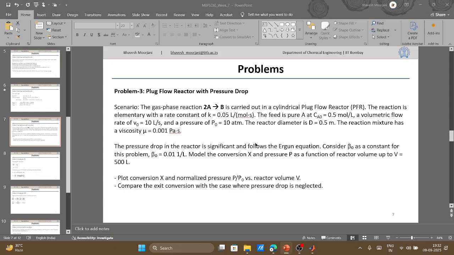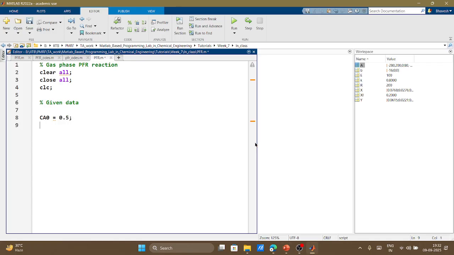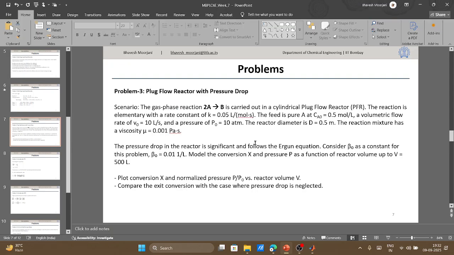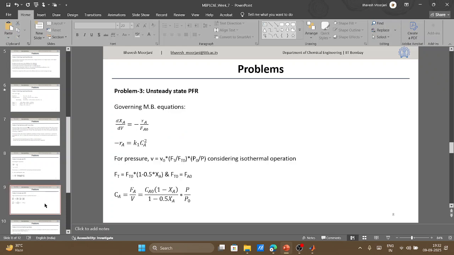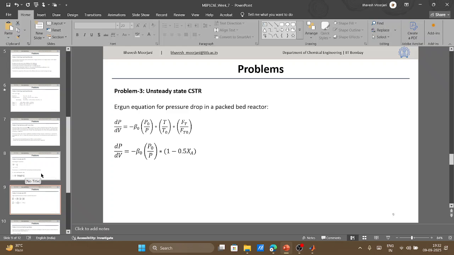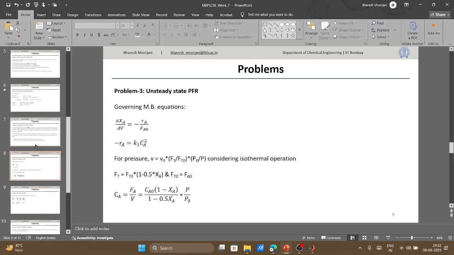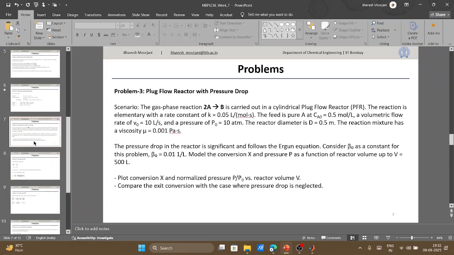CA naught is given as 0.5. FA naught is given as the feed flow rate, 10 liter per second. This is V naught.